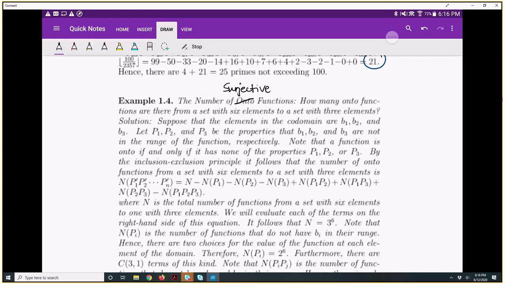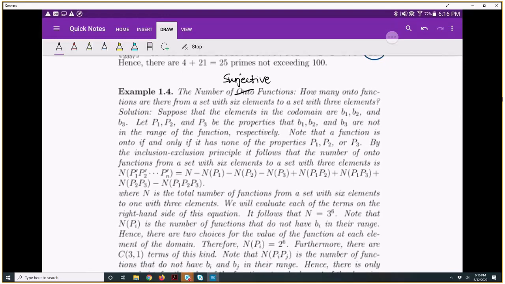So we might want to know, for example, how many onto functions are there from a set with 6 elements to a set with 3 elements? So the solution would be, suppose that the elements in the codomain, there are 3 of them, so let's just call them B1, B2, and B3. Let P1, P2, and P3 be the properties that B1, B2, and B3 are not in the range of the function, respectively.